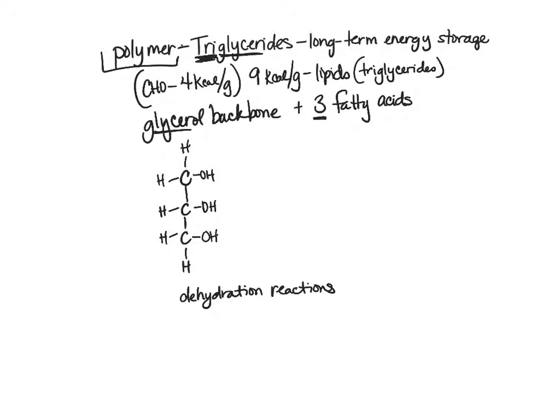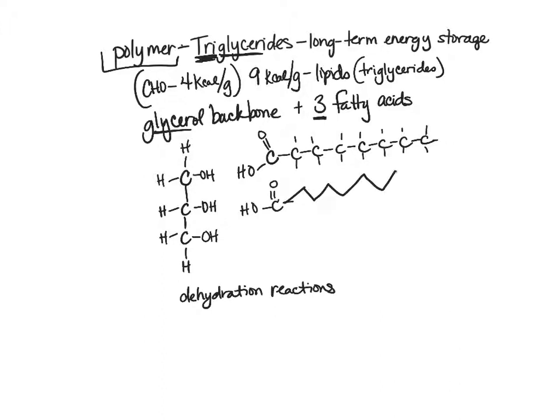Now, the reason they're called fatty acids is because we have our carboxyl group here on the end. And then we have our long carbon hydrogen chain. And then we have another one. I'm not going to fill in all the hydrogens. In fact, I think I'll just do the simple version here. And then the last one.